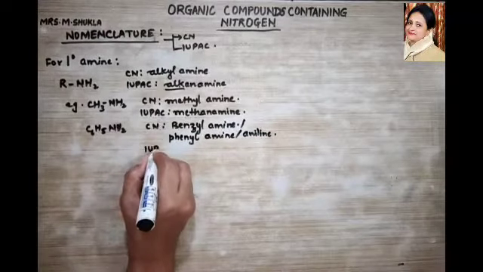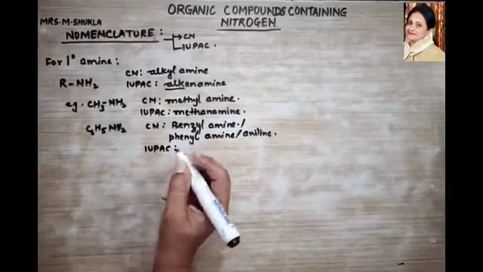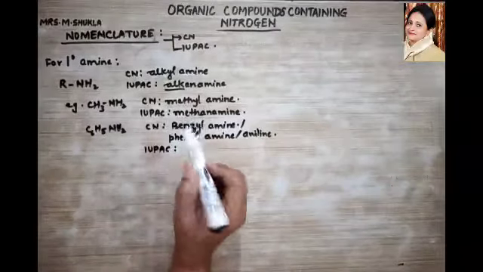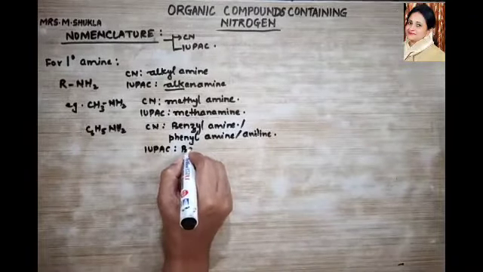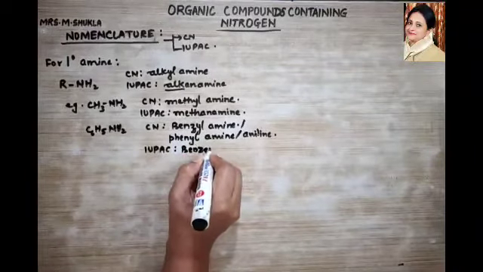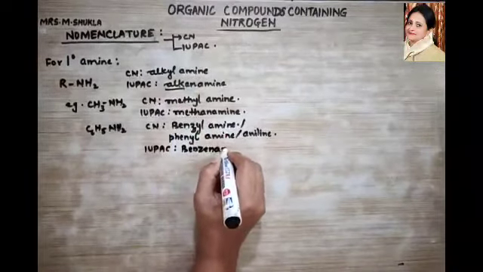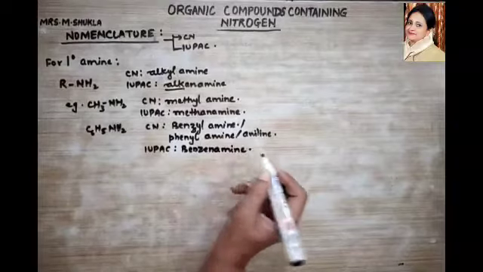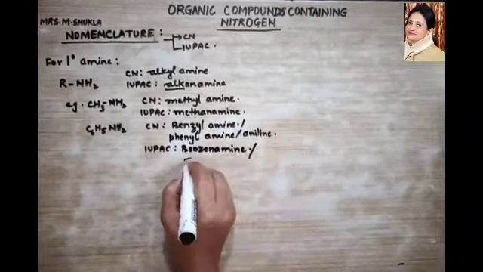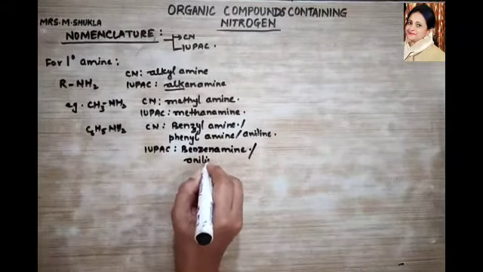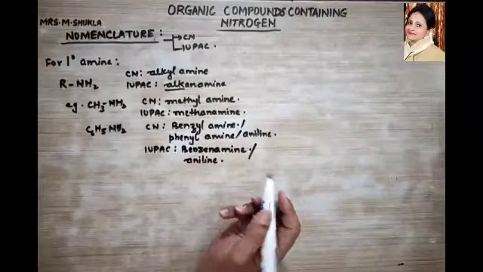And what will be the IUPAC name of this? Benzene amine, or benzamine, or it can also be called aniline as its IUPAC name.